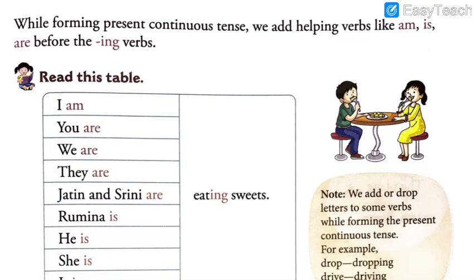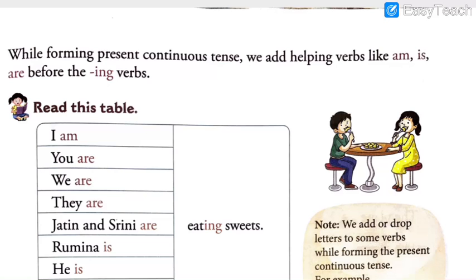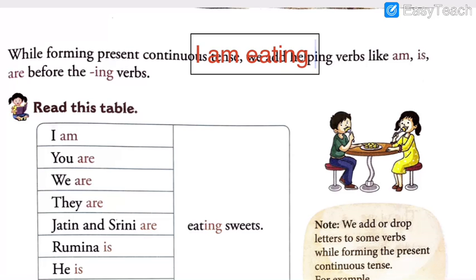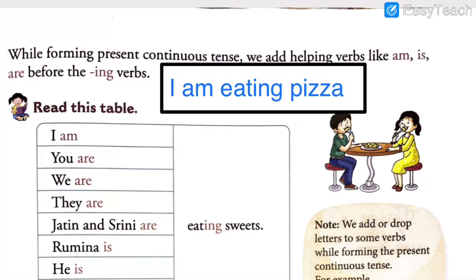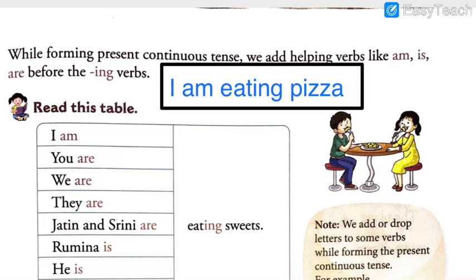Now I am going to write one sentence here for you all to understand it very clearly. I am eating, say for an example, pizza. Now I have written one sentence here, students. I hope you all are looking on your screen.